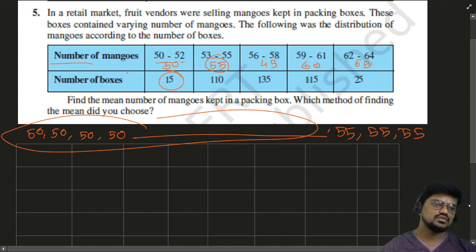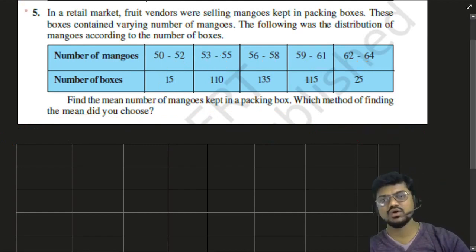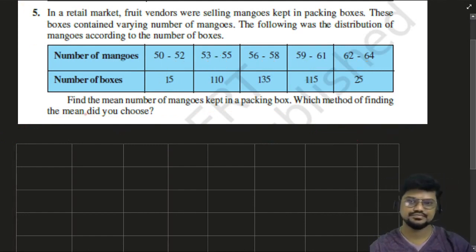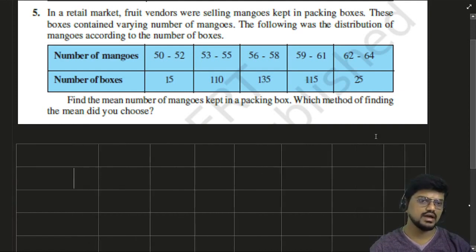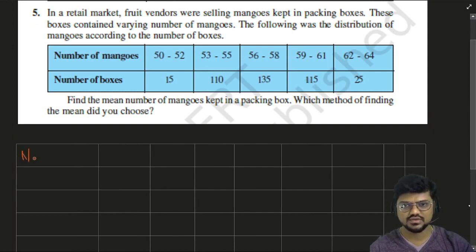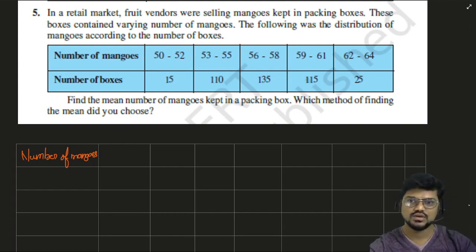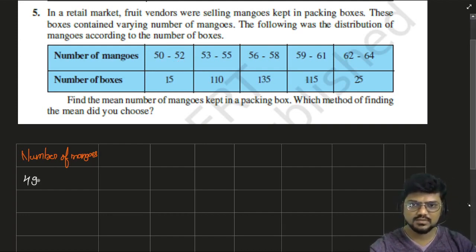Got it? If you get confused in this, now again we'll write the data, but this time not as it is given. The number of mangoes which they have given, from 50 to 52, so what you will do is make it from 49.5 to 52.5.